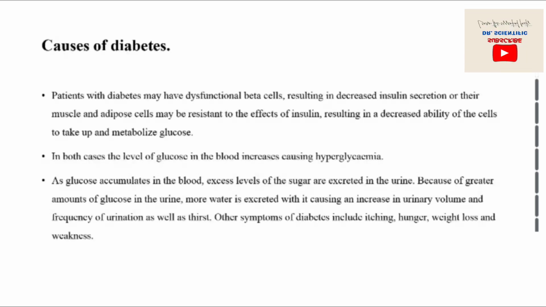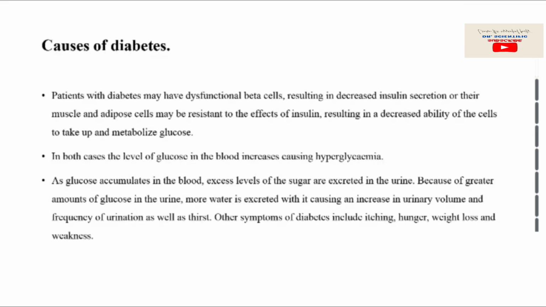So for thirst, we normally call it polydipsia. Polydipsia is when there is increased thirst. Glycosuria leads to polydipsia. How? Glycosuria is when glucose is being excreted through the urine.